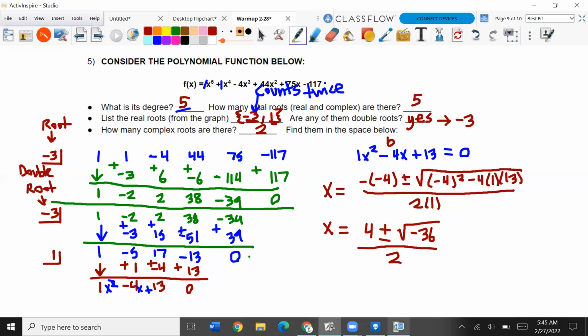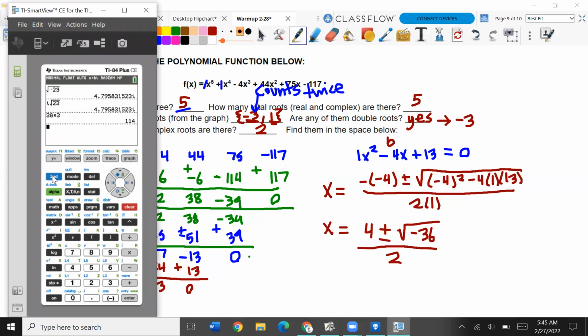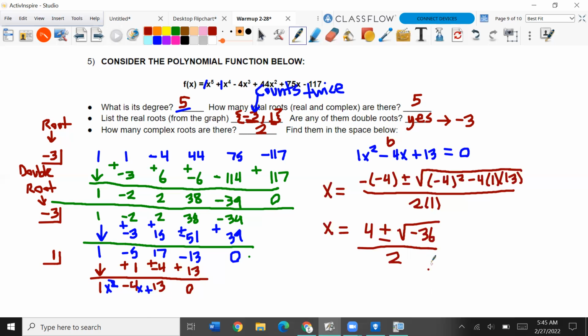Now you can't square root -36, right? If you actually typed in this, if you're in a plus bi mode, if you typed in the square root of -36, it's going to give you 6i, right? So instead of saying the square root of -36, we're going to just say x equals 4 plus or minus 6i over 2. And both of those are divisible by 2.